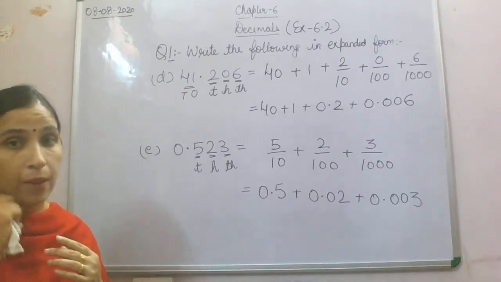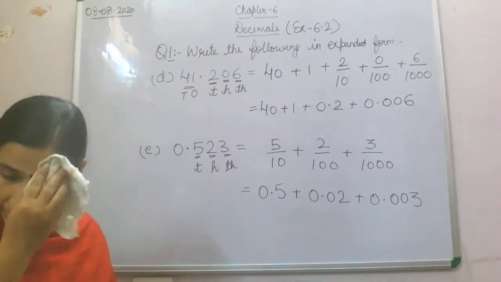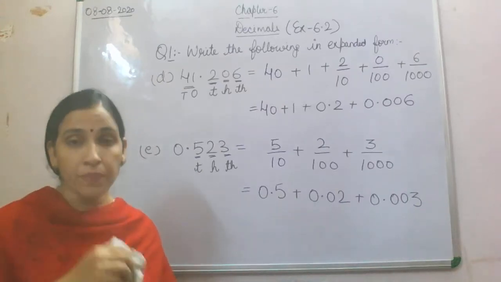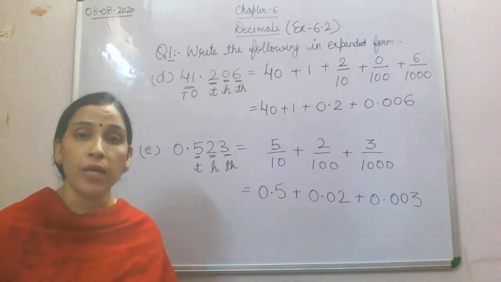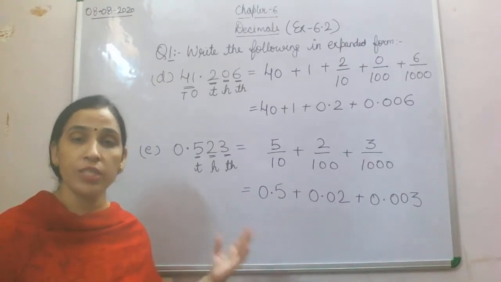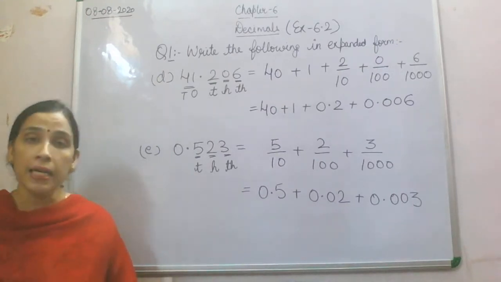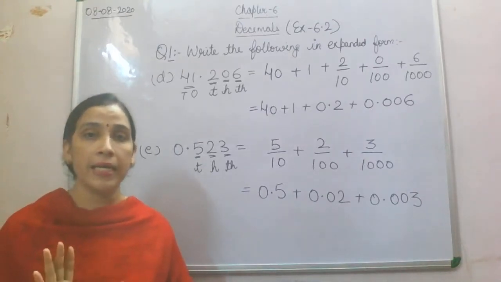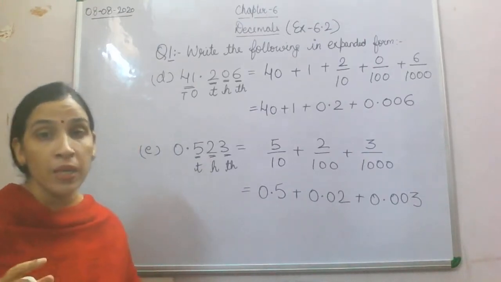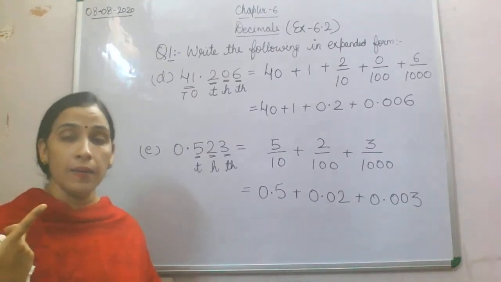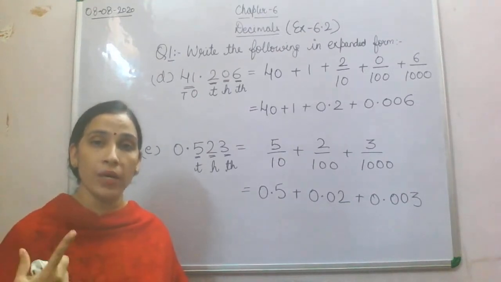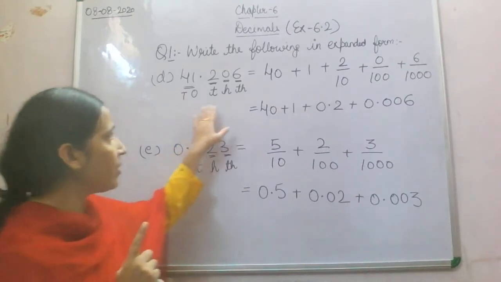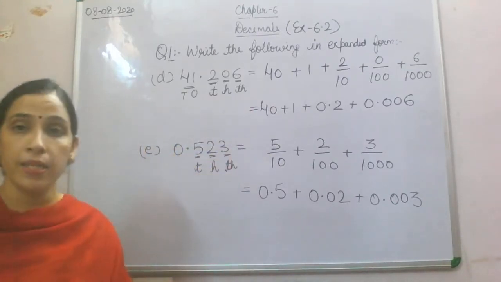We have done example 1 related to this, and then we have done question 1 of exercise 6.2, which is related to this only. And in D and E part, which are totally different from each other, in D part we have seen how the place value can be ones, tens, hundreds and thousands, different place values, and how we can write it down there.